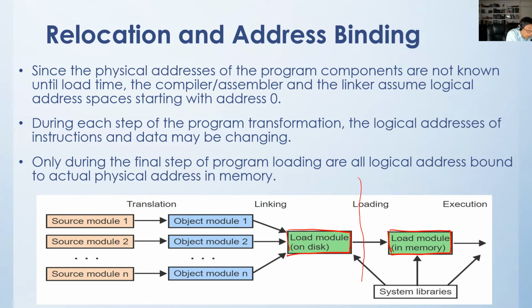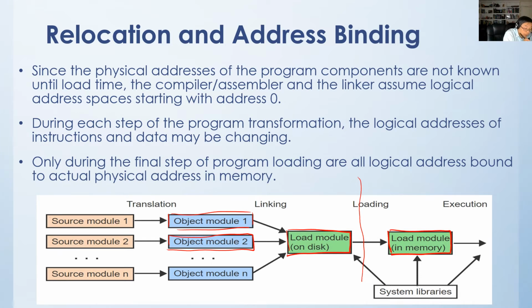Each module, like an object module, may have its own logical address space starting with address 0. That's why during the link time, the logical addresses of instructions and data may change, even though they are logical addresses, because you combine all these modules in different logical address spaces into one logical address space.